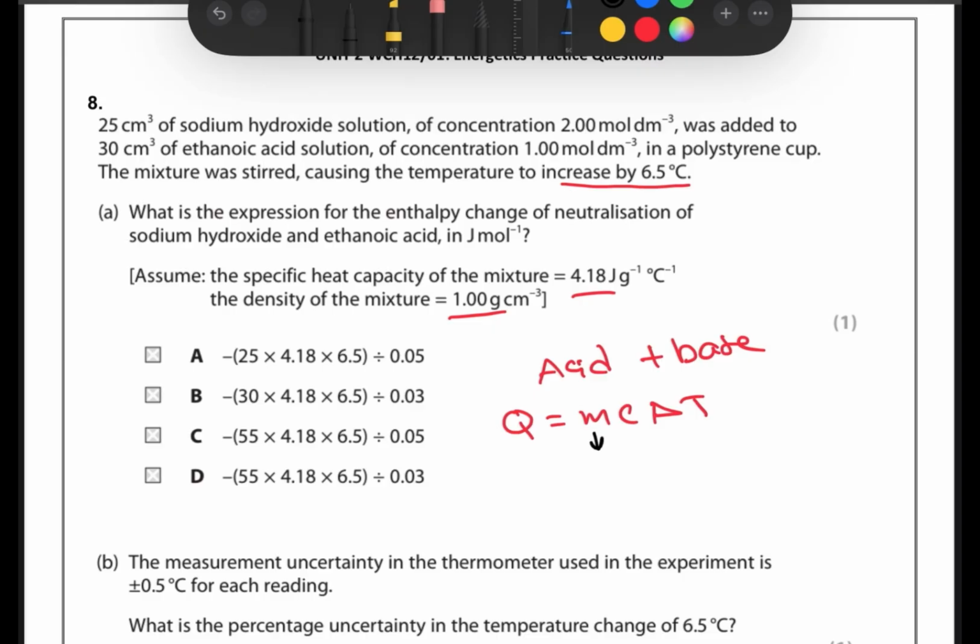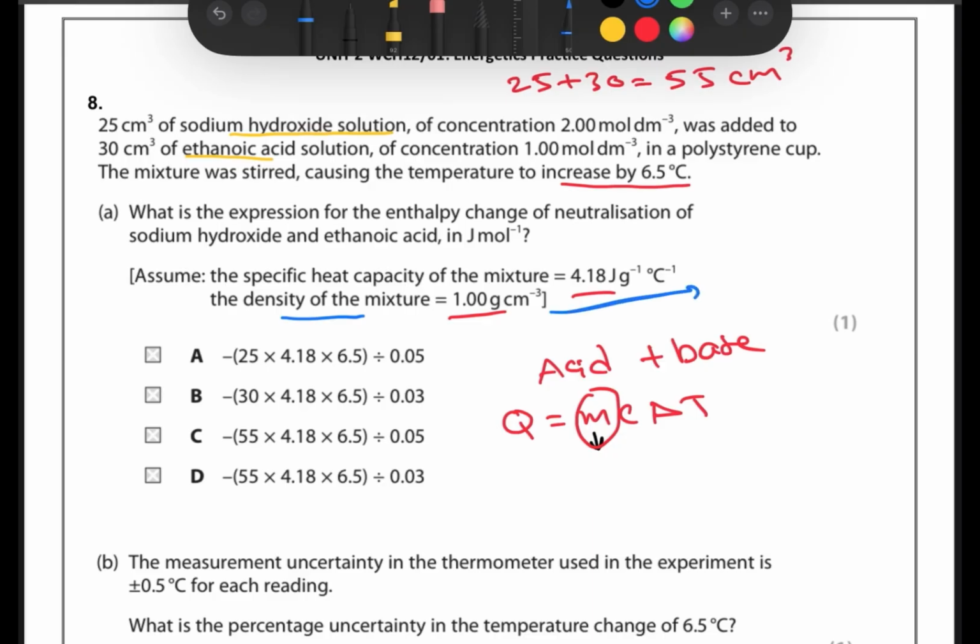The aqueous solution is composed of sodium hydroxide and ethanoic acid. So the total volume, 25 plus 30, is equal to 55 cubic centimeters. But we are looking for mass in here. We need a mass. So there's a piece of information that was given to us, which is the density, telling us that the volume is the same as the mass.